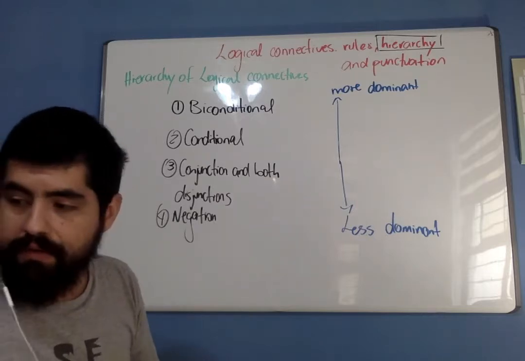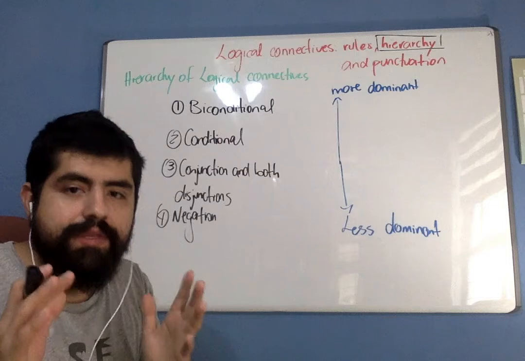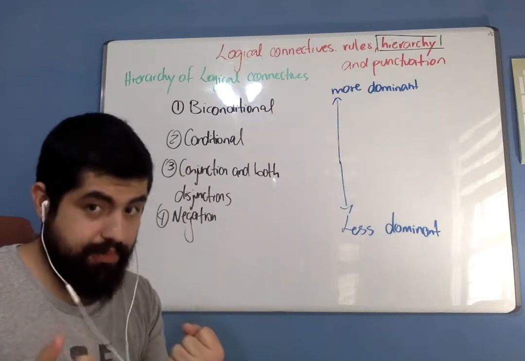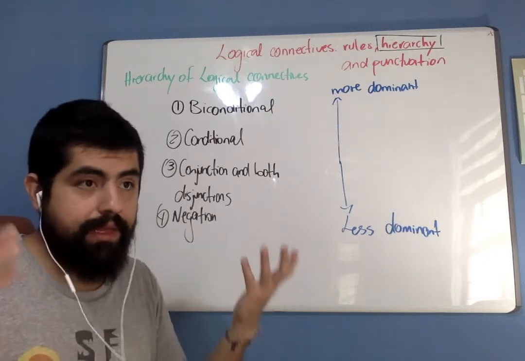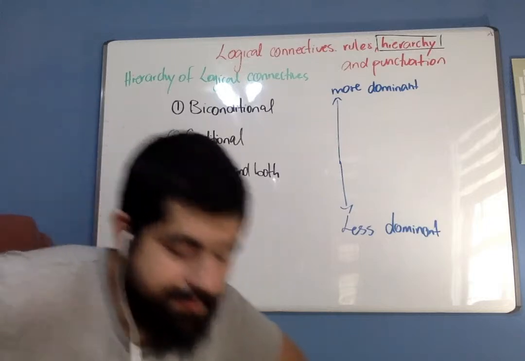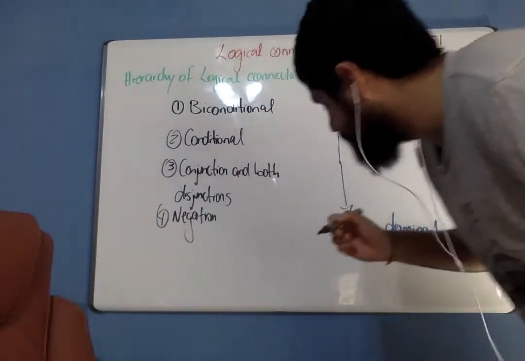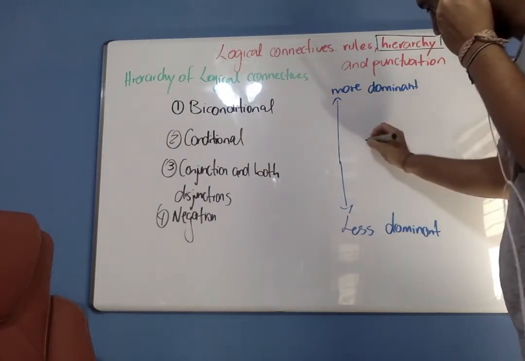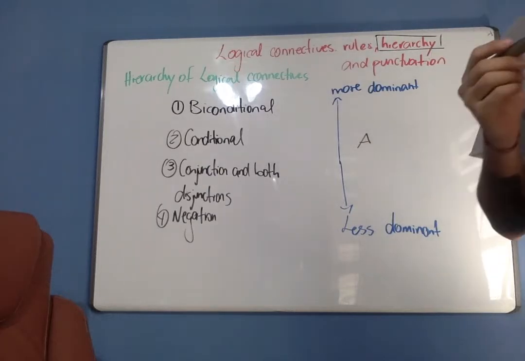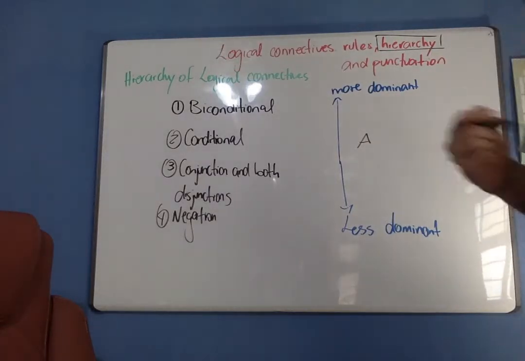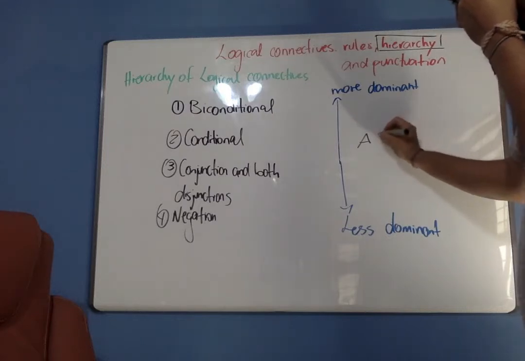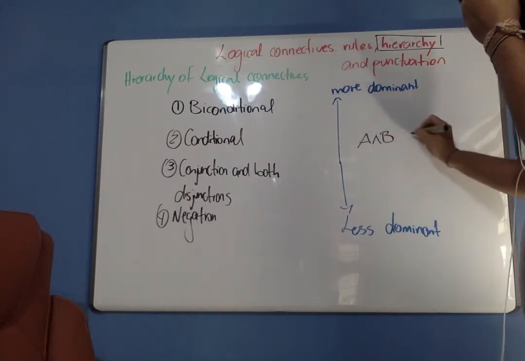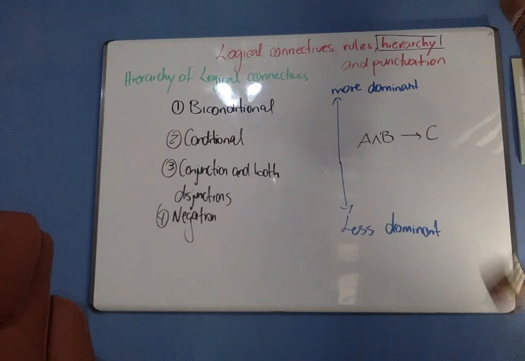That means, in other words, that, for example, imagine we have more complex expressions than, for example, A conjunction B. Imagine that we have the expression A conjunction B conditional C, okay?